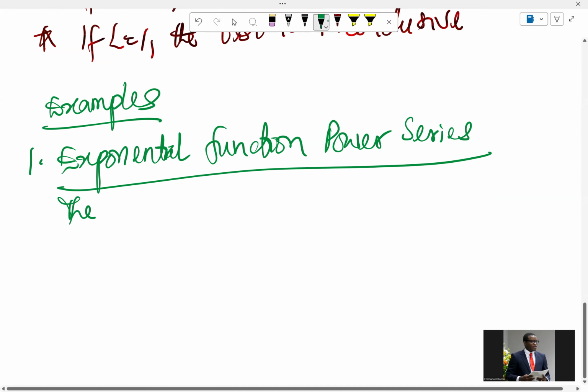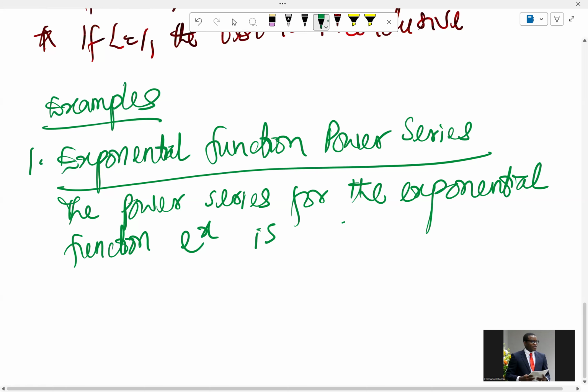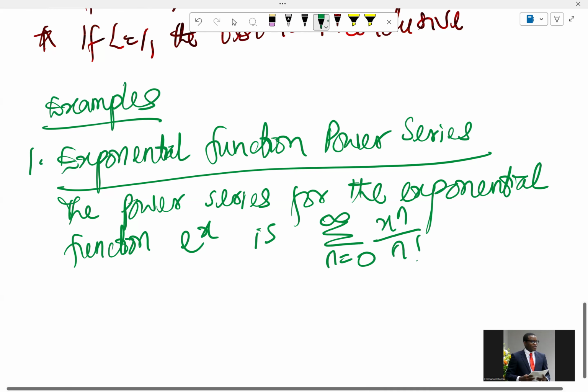The power series for the exponential function e raised to power x is summation from n equals 0 to infinity of x raised to power n all over n factorial. So that's the expression.